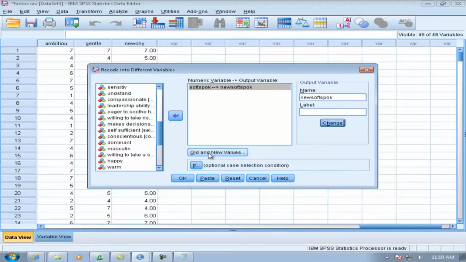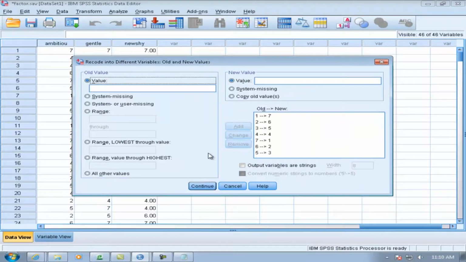Okay, now we got to go back and change all these values. I don't think I can just leave it. I wish I could just leave it and not have to redo them, but I think you need to redo them. You think it'll work? Okay. Then just leave them alone and see if it works.